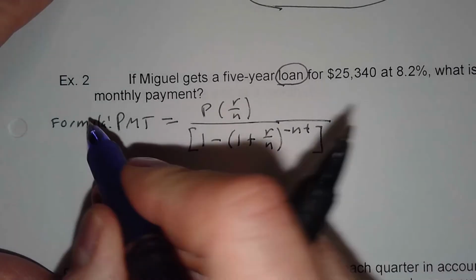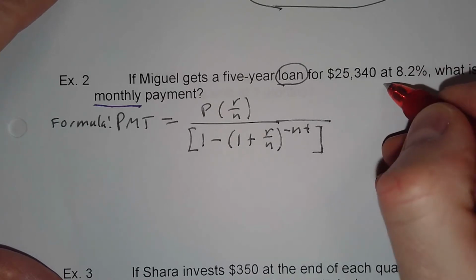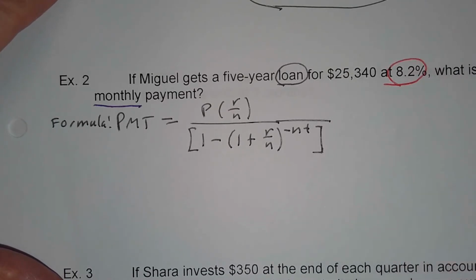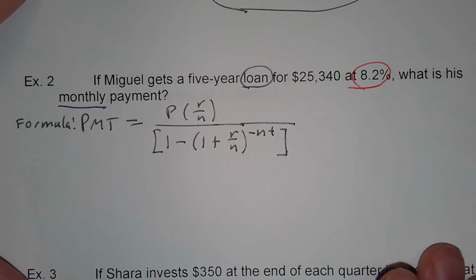We're doing this monthly, so that tells us that N here is going to be 12. Our rate is 8.2%, so that'd be 0.082 for our rate. And then P, of course, is the 25,340. So let's go ahead and plug those numbers in.